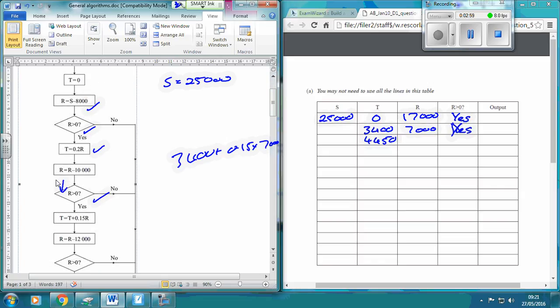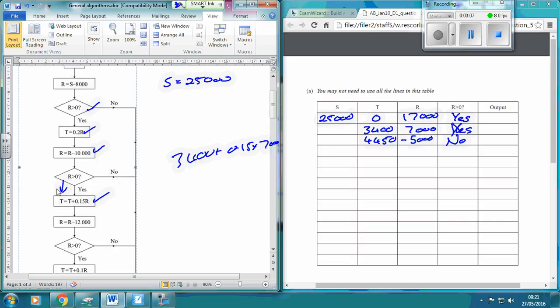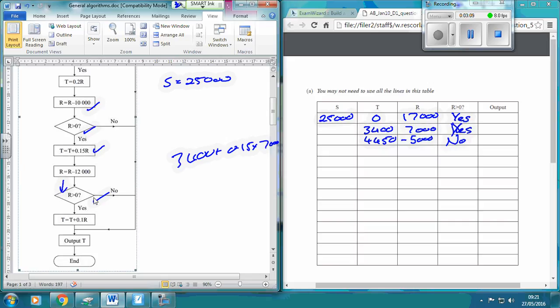R equals R take away 12,000, so if we take away 12,000, it's going to be minus 5,000. Is R greater than 0? No. So with no, we follow it this way, and we output T. So T is 4,450, then end.